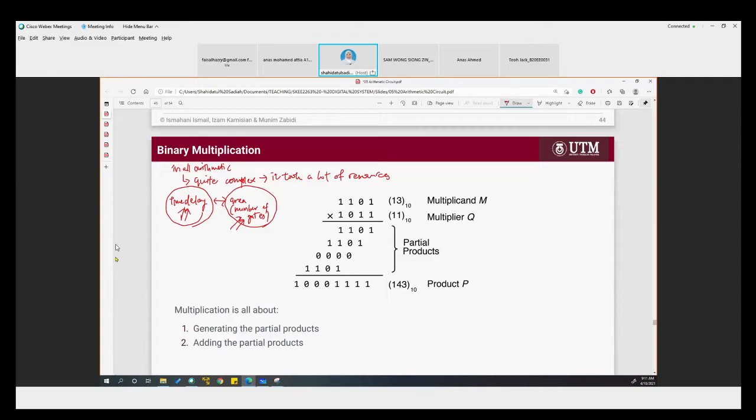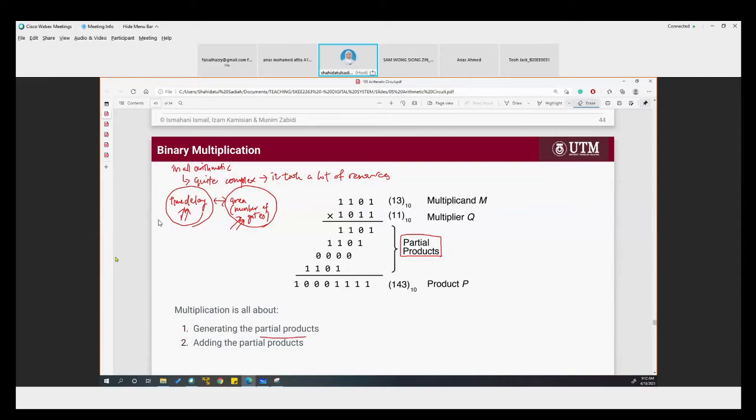A multiplier is all about generating the partial products. So what are the partial products? It is this one. I'm sure all of you know how to calculate multiplication, where we multiply the multiplicand with every bit of the multiplier.